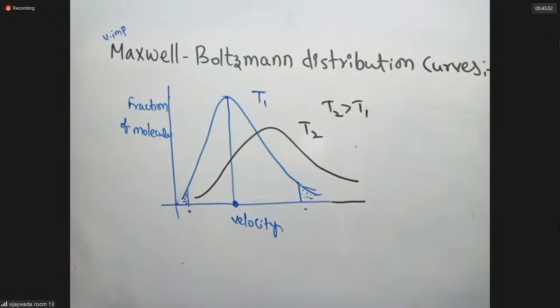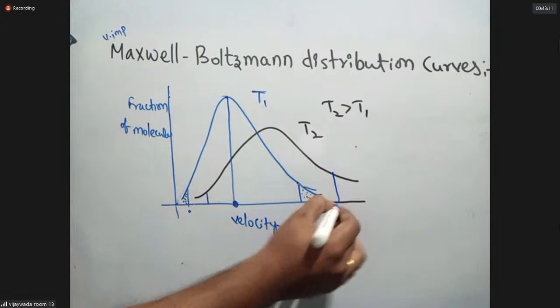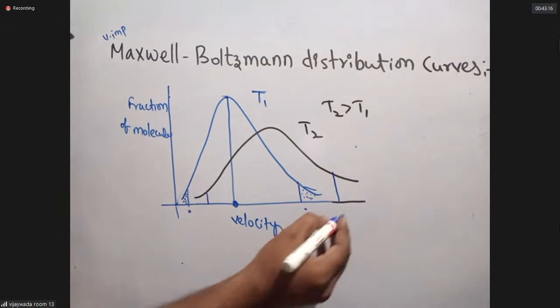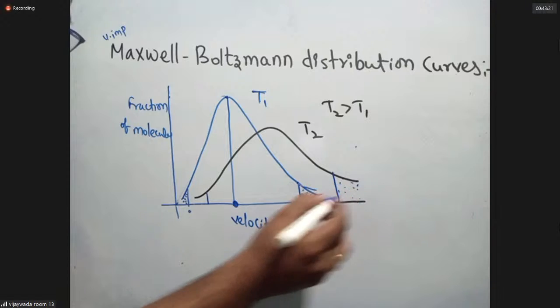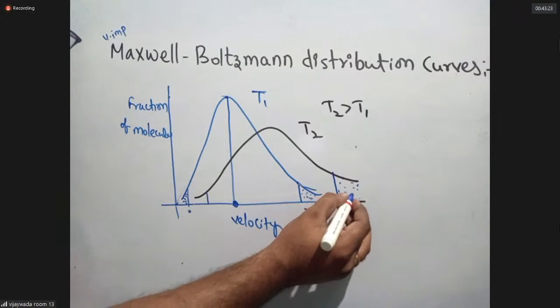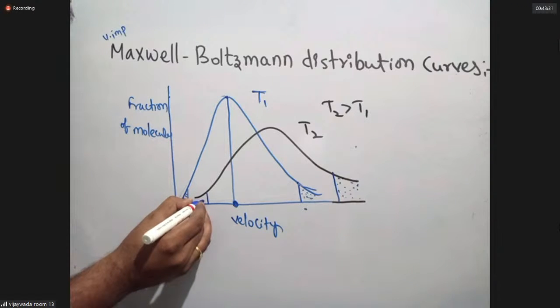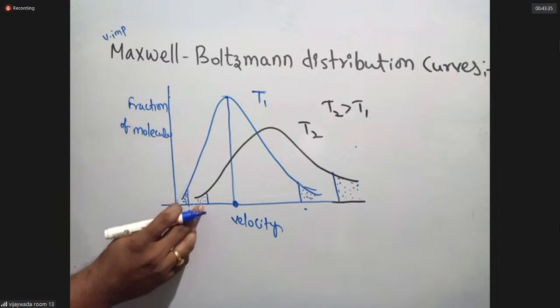So from this graph, what can we understand? See, this fraction of molecules and this fraction of molecules. If you observe, when temperature increases, the number of molecules possessing maximum velocity increases. Here is a very low fraction, here the fraction of molecules increases. When temperature increases, the fraction of molecules possessing very low velocity is very low.